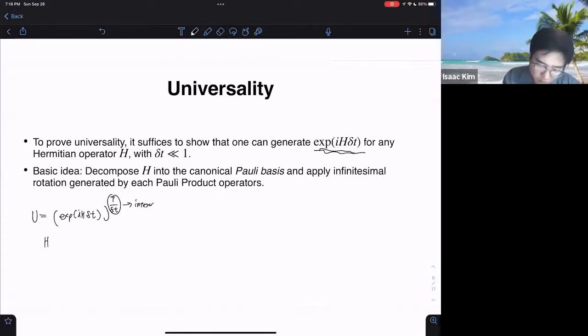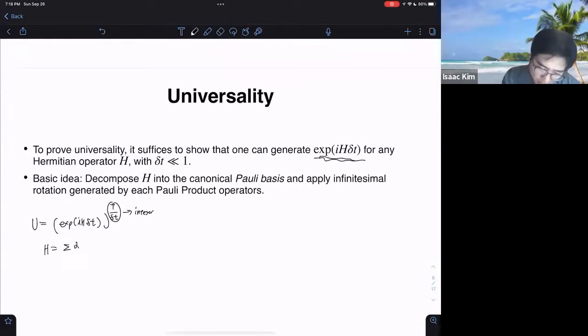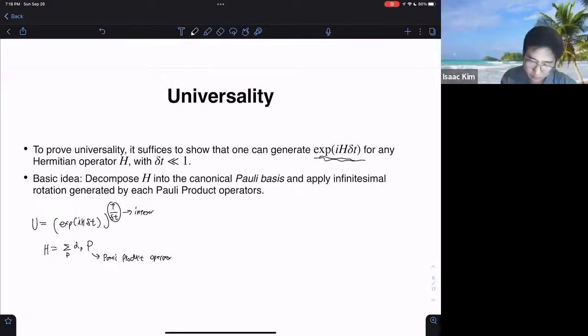Given an arbitrary Hamiltonian H, it turns out that you can always decompose it into a sum of these Pauli product operators, the sum of alpha_P times P, where P is a Pauli product operator and alpha_P is a real number.